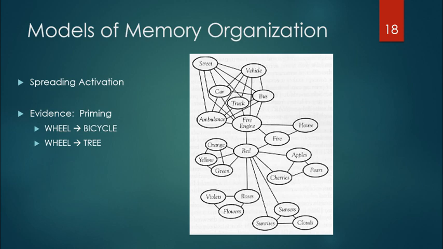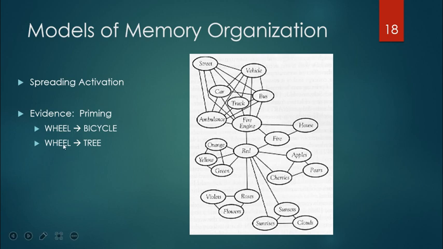And they ask, is this a real word or a non-word? And let's say I give you the word wheel. You'll say that's a word. But then shortly after that, I give you the word bicycle. You're going to be slightly faster clicking yes, that bicycle is a real word, because wheel primed the word bicycle.